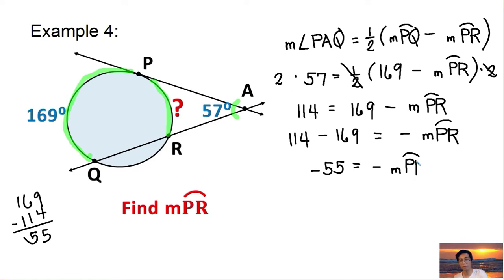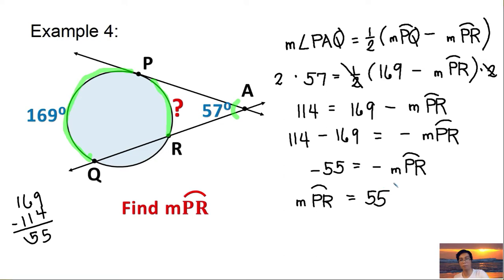Okay. Now, gagawin natin is, itatranspose natin itong negative 55 sa right naman. So, when we transpose, syempre, mapapalitan o mababago yung sign. So, magiging ano na siya, measure of arc PR is equal to 55. And as you can see, sa dulo nga, positive pa rin siya.